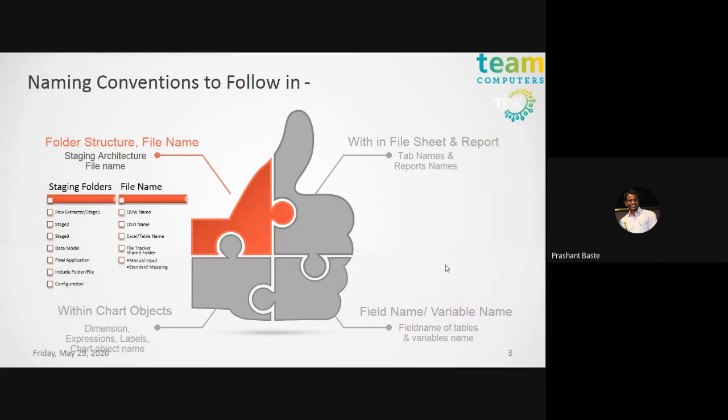Then the other configuration, like your variable paths and the standard formats of the date and other variables, should be maintained in a separate folder. I will show you an example so you'll be able to understand more easily.